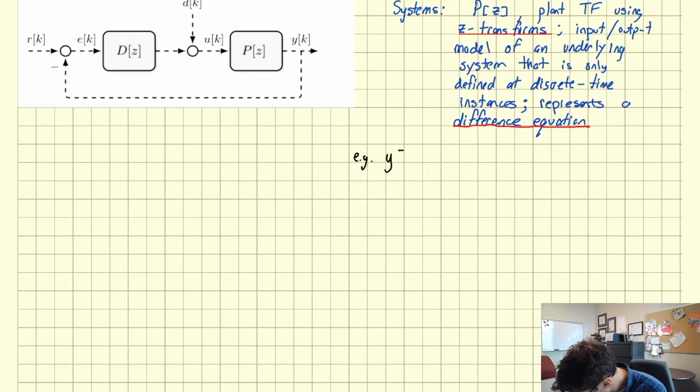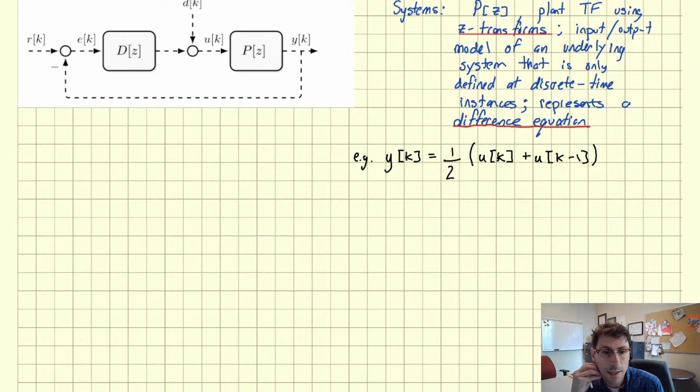So for example, y of k takes the input at time k, plus the input at the previous step, u of k minus 1, and then takes their average, right? You might do this, for example, if you're doing filtering. If you've got a sensor which is giving you noisy data, you say, okay, well, it's kind of jittery, maybe I just average the two measurements. That's going to be the way I deal with the sensor noise. So there's a 2-point moving average.